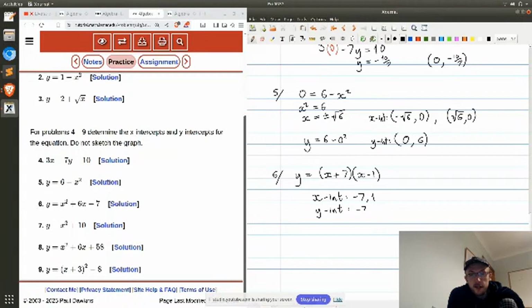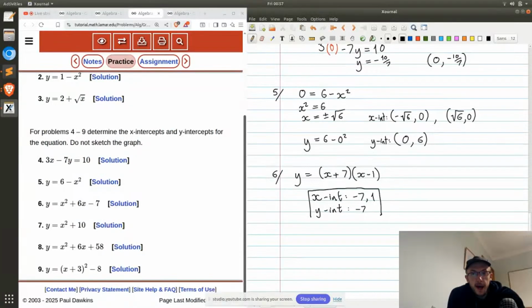And so we can just say negative 7. This is like an ultra compact way of doing it. But if you want to be proper, then you would say negative 7, 0, 1, 0, 0, negative 7.